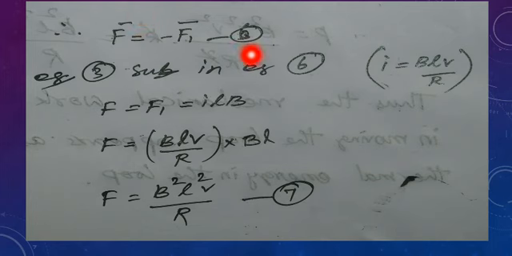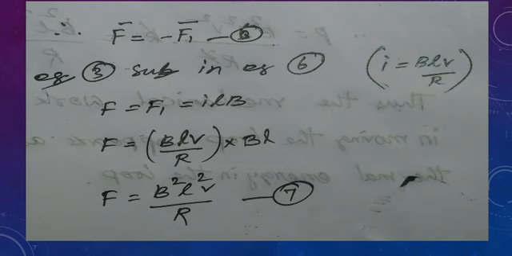This is equation number 6. Both F and F1 have the same value, ILB, but act in opposite directions.